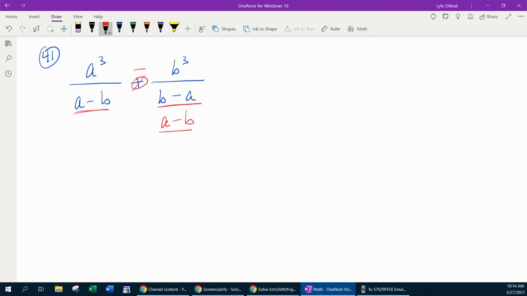And now that you have common denominators, you can go ahead and subtract this time. We're going to have a to the third minus b to the third all over our common denominator of a minus b. Now, if you stop there, you get partial credit because this fraction will actually reduce.